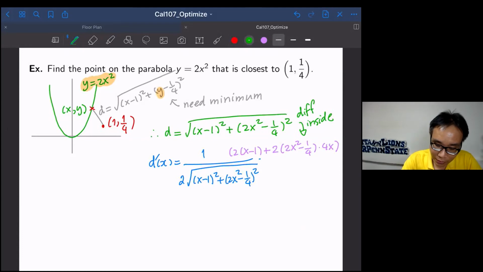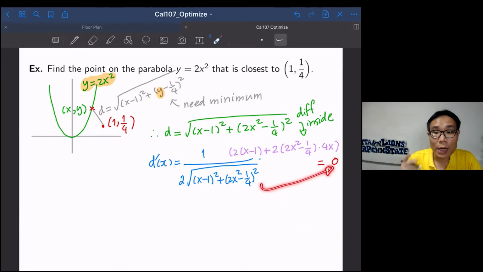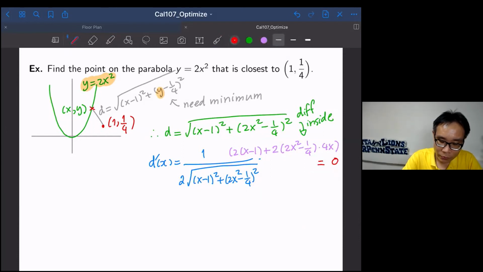So you let this equal to 0. You multiply this term up, so you end up with only the purple one. You get 2(x minus 1) plus 8x(2x squared minus 1/4) equals 0.